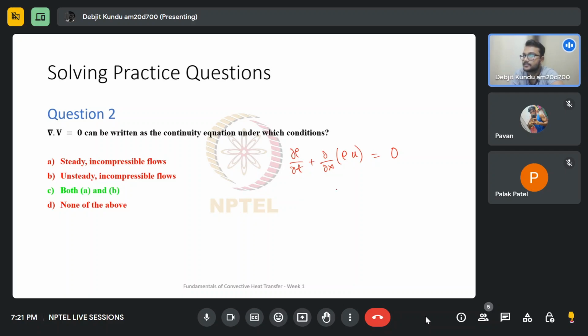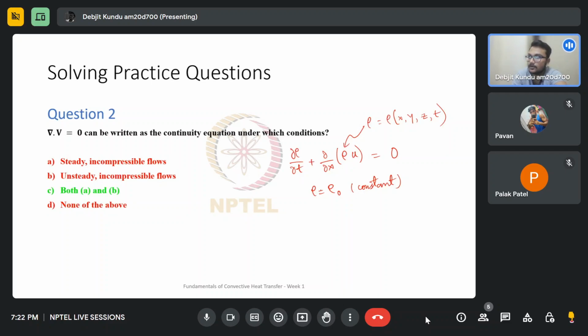If it's incompressible, then we can write rho as some rho naught, which is a constant. In the more general case, this rho can be a function of space and time both, so x, y, z, and time. But when it's incompressible, this density rho becomes constant, equal to some value rho naught. This could be any numerical value, 100, 1000, 700, anything.